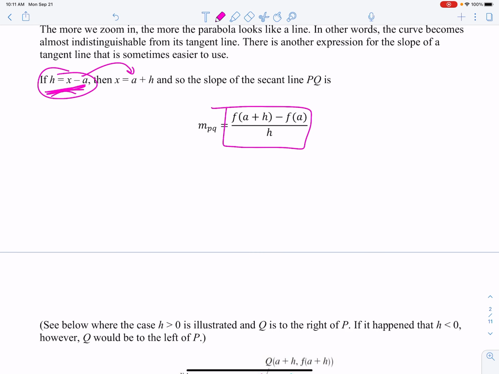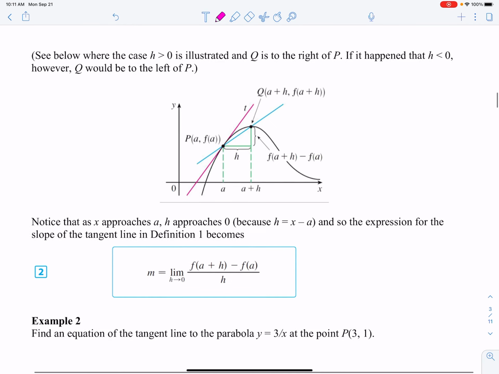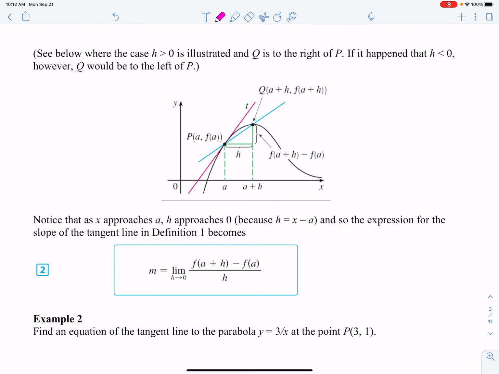So this looks more like that difference quotient we'd been working with before. Let's see. So see below where the case h greater than 0 is illustrated and Q is to the right of P. If it happens that h is less than 0, however, Q would be to the left of P. In other words, it's still just talking about bringing those two points infinitely close together.